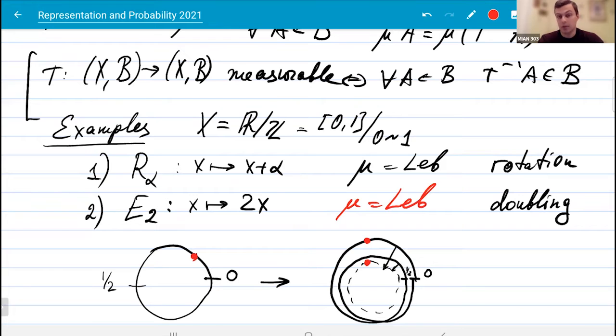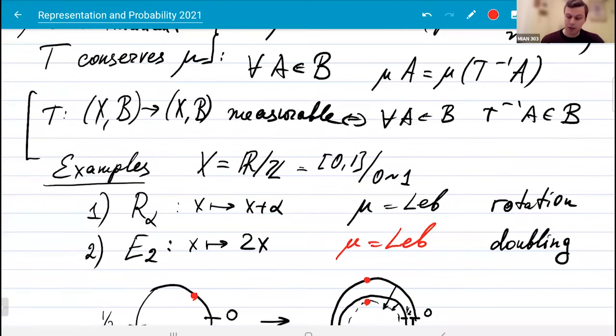If you decide to write T A here, then this cannot be expected from such a map, because for any segment, its image is 2 times longer. But with pre-images, everything works well.